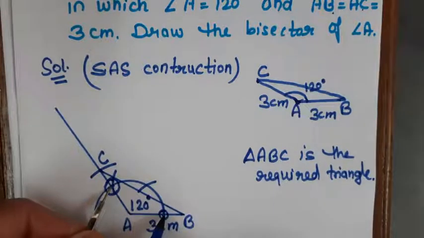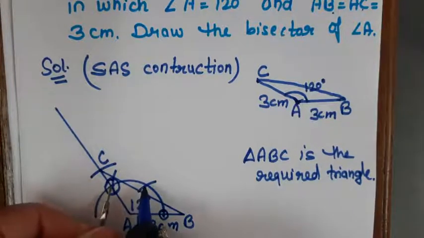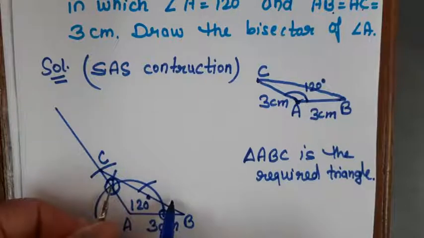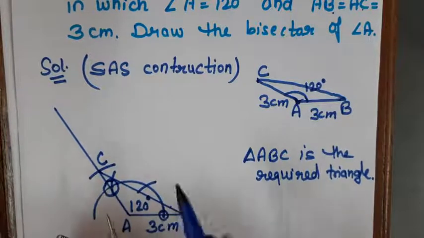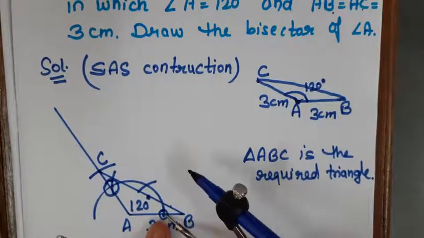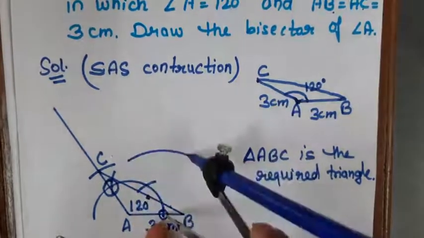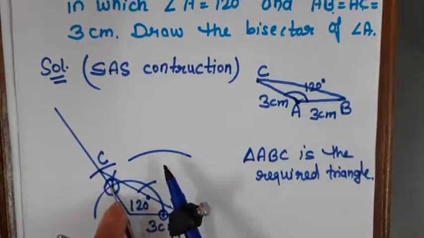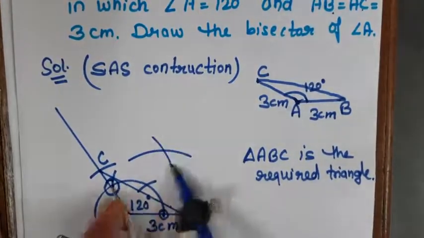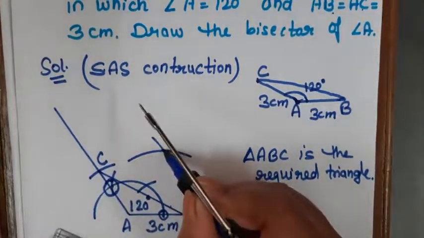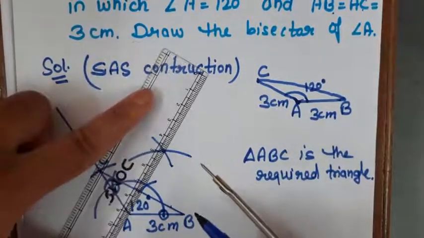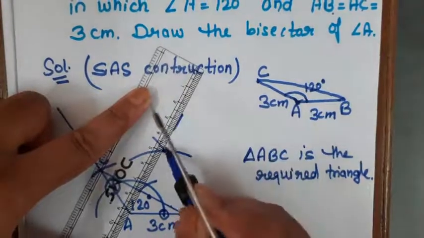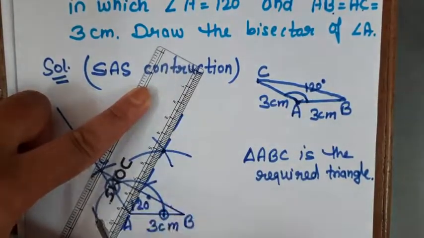Measure your compass more than half. Half is approximately this. Open it more than half. Keep your compass point at this. Draw an arc here. Again at 120 degree arc, draw an arc here. You will get the bisector of angle A. And you can join this with A point. Join this by dotted lines if you want.